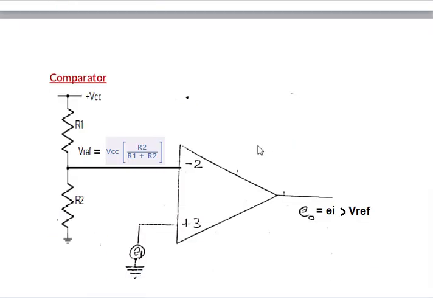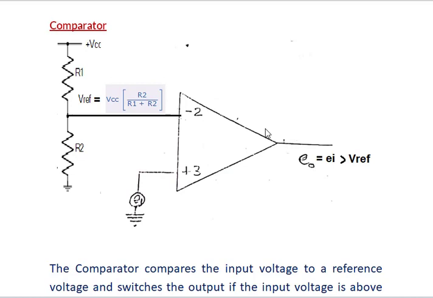First we start with the comparator. What is a comparator? It is an electronic circuit consisting of an operational amplifier. It compares the two input voltages applied at the inputs.